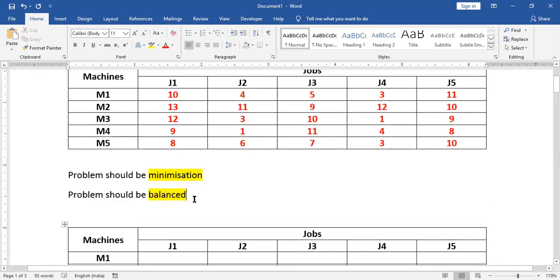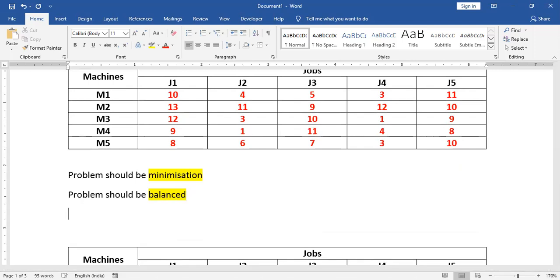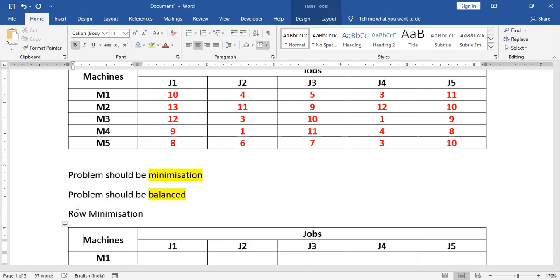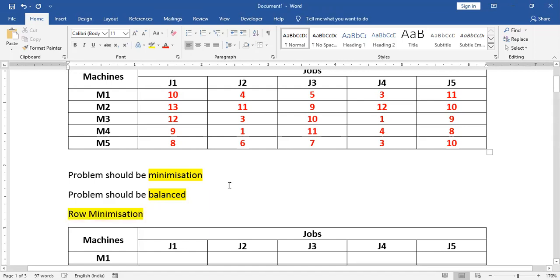Now the third step is what? Row minimization, row minima. And what is row minimization? We will find the minimum value of each row.